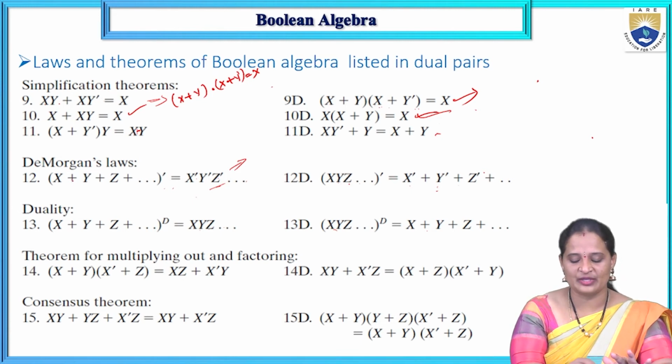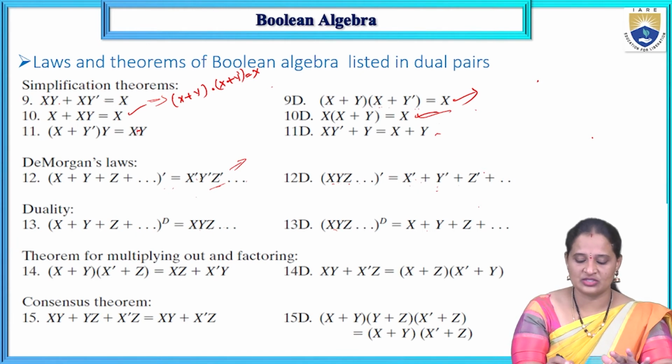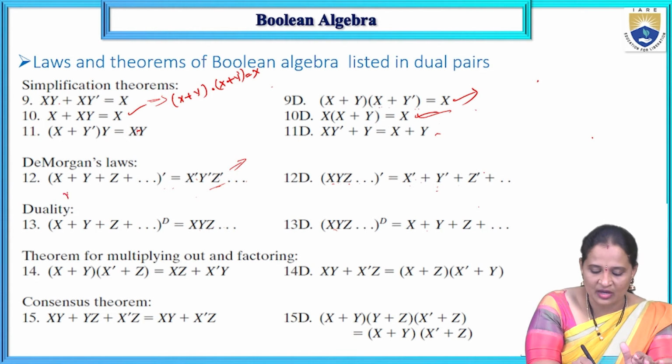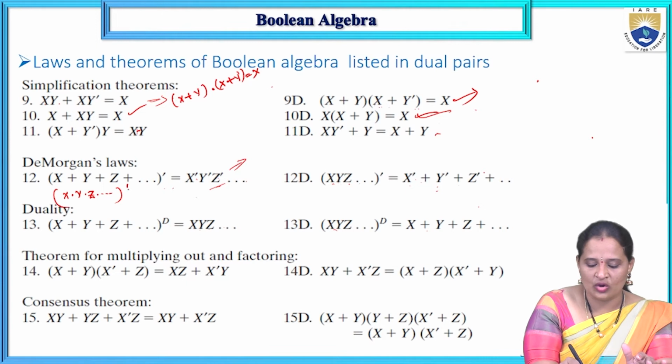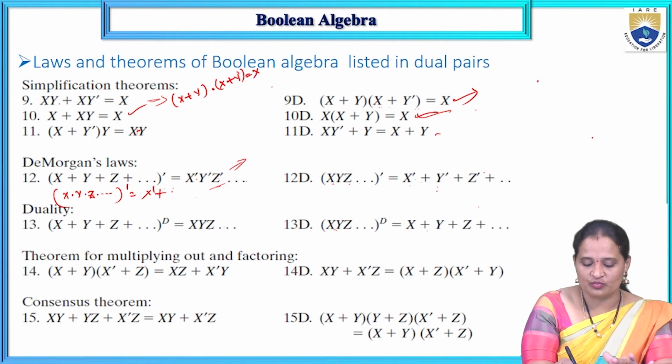Plus will be changed to dot, and the complement, here the variable will be complemented, and this dot operator will be changed to plus operator. This is a dual. So I'm finding the dual here, x dot y dot z and so on whole complement is equal to, so the variable will not be complemented here, x complement, dot operator will be changed to plus, y complement plus z and so on.